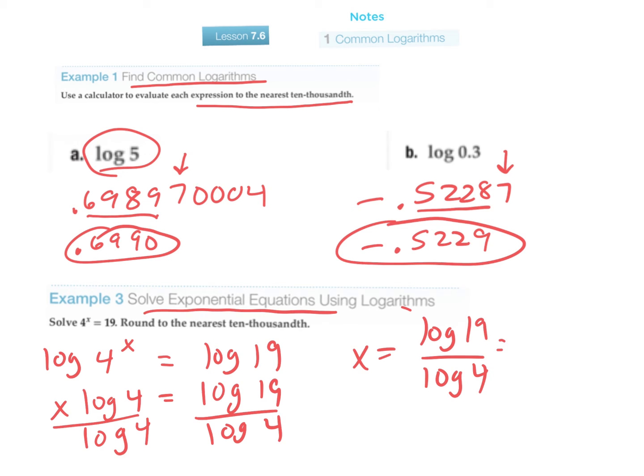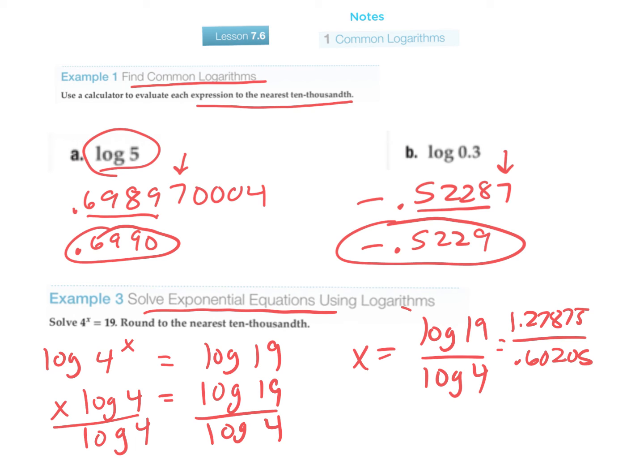So log 19, so if I press log 19 and hit enter, I'm going to get 1.2787, which is going to round. And if I go log 4, I'm going to get 0.60205.